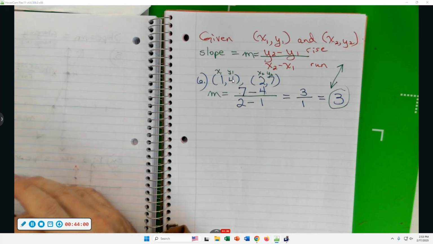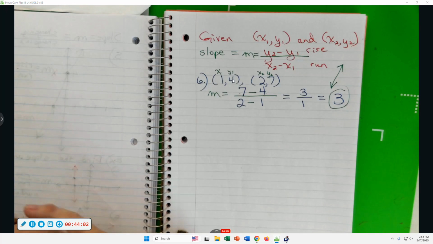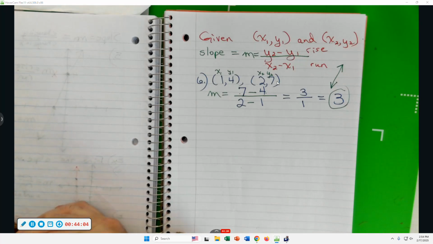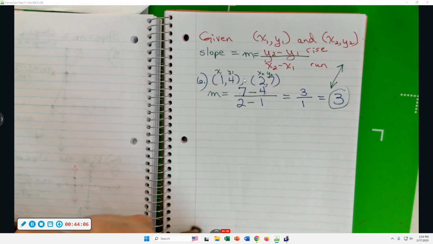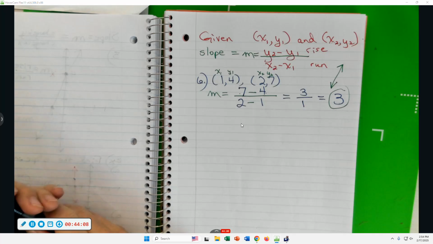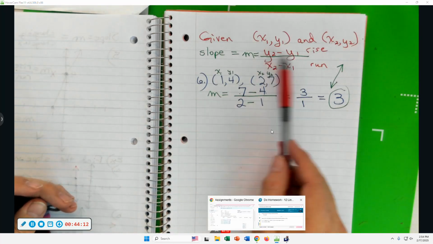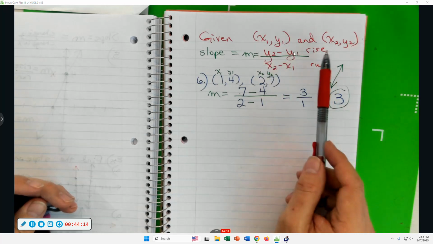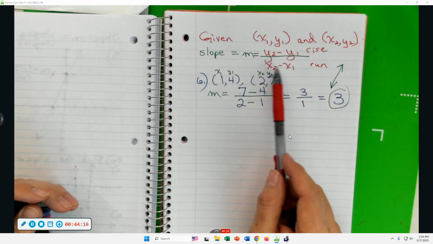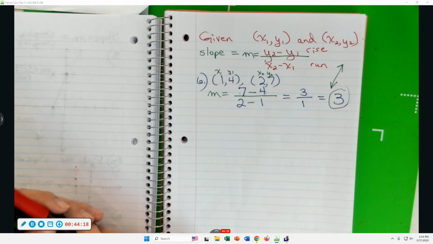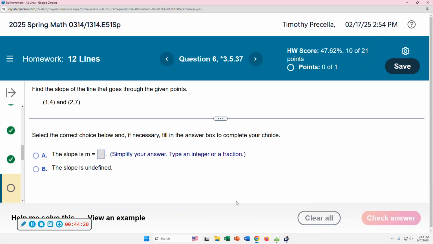You don't want to count that many. Suppose it's a 700.3. You sure wouldn't want to count. How would you count that? That's what this formula's doing. It's saying subtract the Y's to get that vertical movement, subtract the X's to give the horizontal movement. Type in the answer 3, Tony.